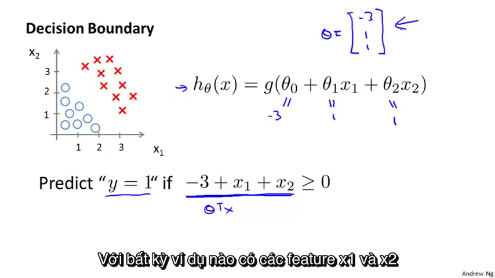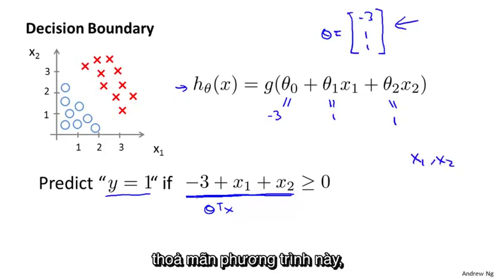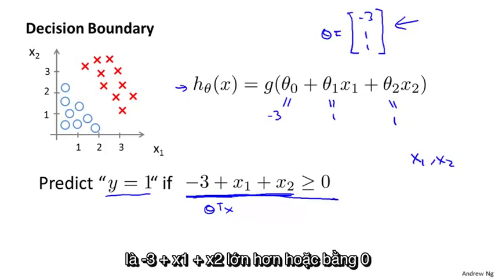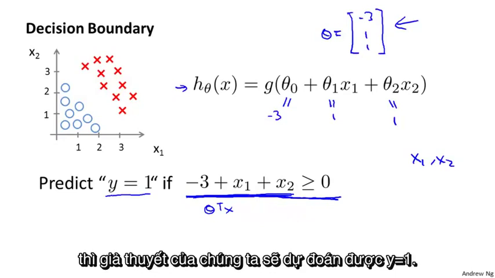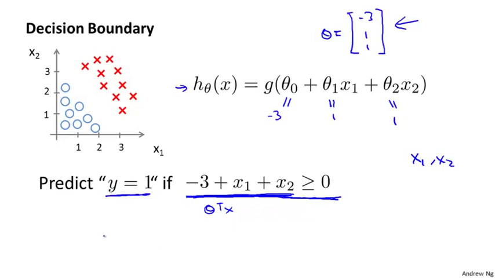So for any example with features x1 and x2 that satisfy this equation, that minus 3 plus x1 plus x2 is greater than or equal to 0, our hypothesis will think that y equals 1 is more likely, or will predict that y is equal to 1.